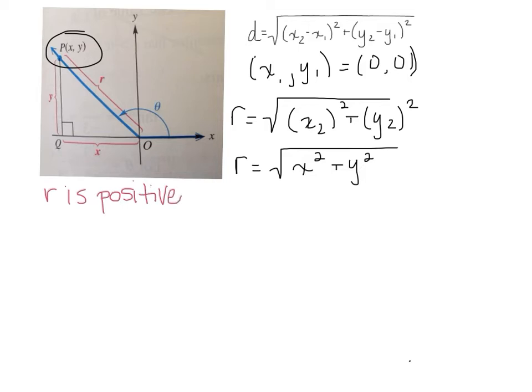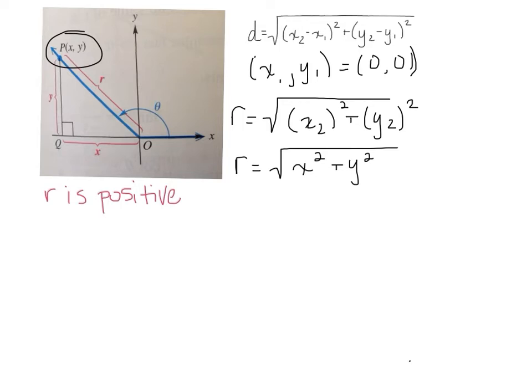The reason is because it is an undirected distance, so there is no positive or negative, it's simply a positive value. Once we define r, we can then use that with the trig ratios in order to define each function.